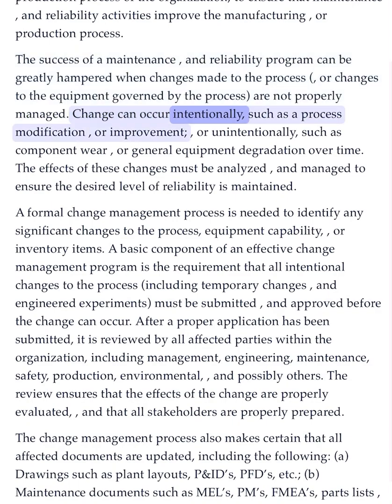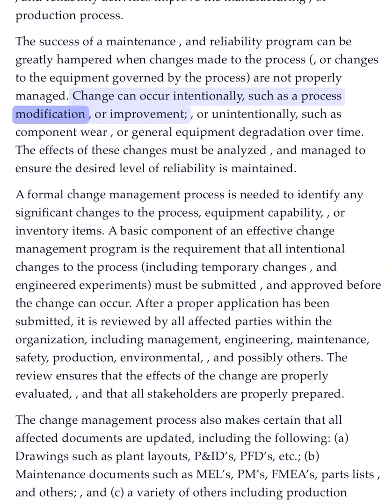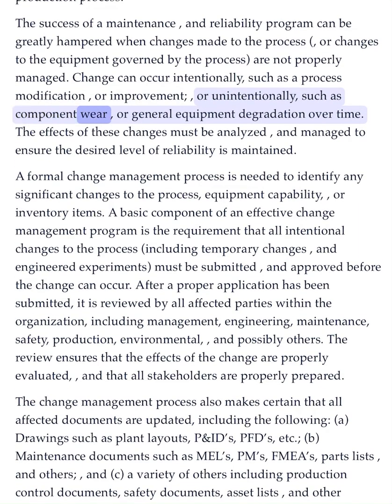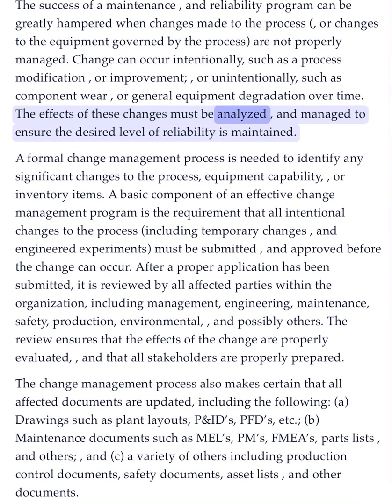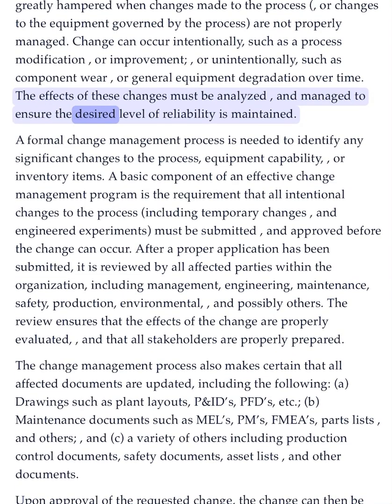Change can occur intentionally, such as a process modification or improvement, or unintentionally, such as component wear or general equipment degradation over time. The effects of these changes must be analyzed and managed to ensure the desired level of reliability is maintained.